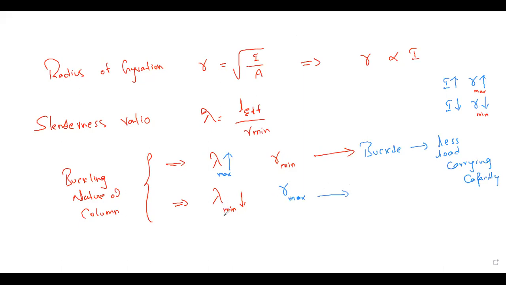When lambda is minimum, it will never buckle, and it will have high strength and more load carrying capacity. Understand? This is what you have to understand carefully when we are studying columns. Clear? This is about the radius of gyration and the slenderness ratio.